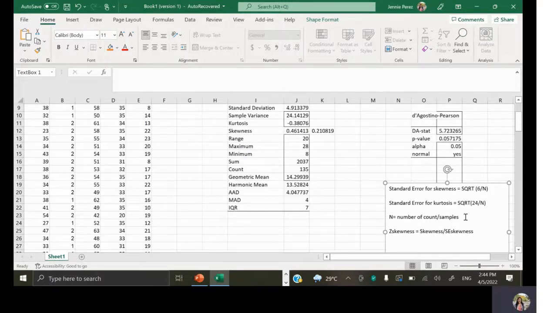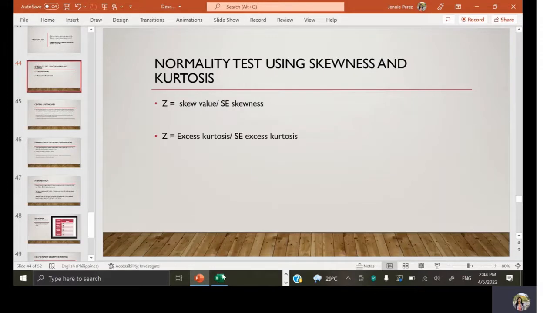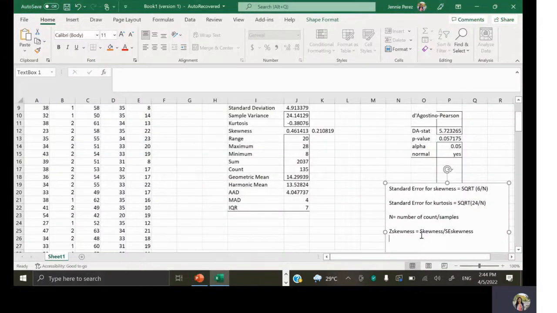Is our formula correct? Yeah, skew value over standard error. Okay, so again, following this formula for the z-value for skewness, which is skewness value over standard error for skewness, I will type in the formula.